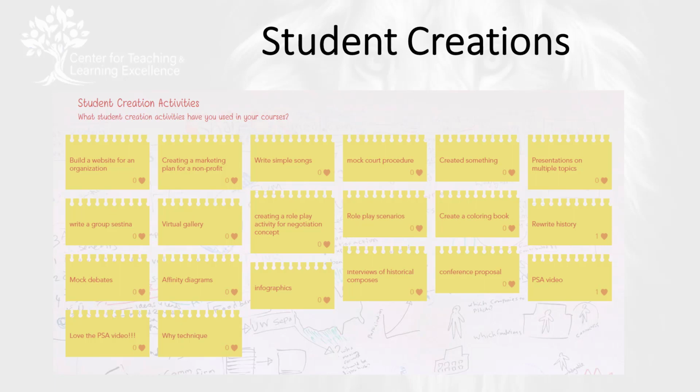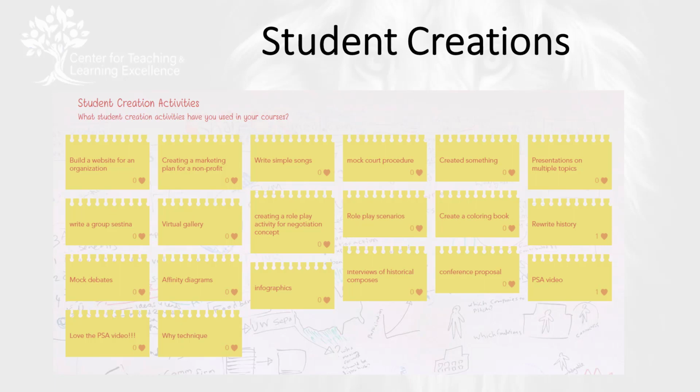All right, good. Those are definitely good. Keep them coming. Yeah, absolutely. Created a coloring book. Oh, there you go. Rewrite history. Scroll down here. Start to get below my screen here. Mock debates. Cool. And diagrams. Infographics. There's a lot.